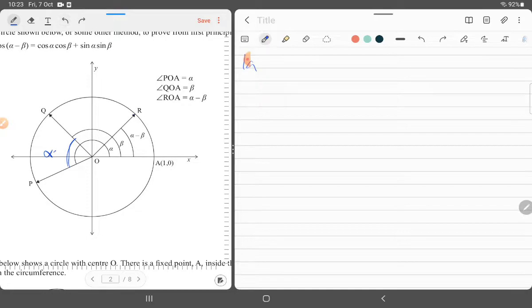It might be hard to see, but since this is alpha and this is beta, we can take this part away, and that means we're taking beta away from alpha, so this angle is also alpha minus beta.